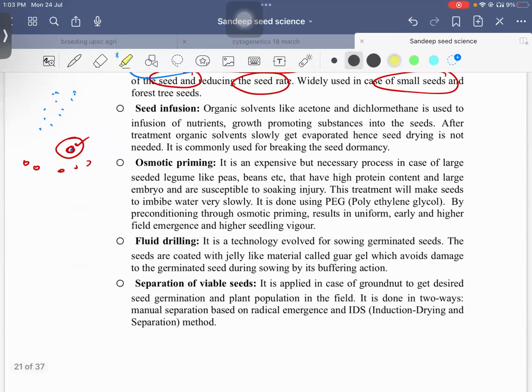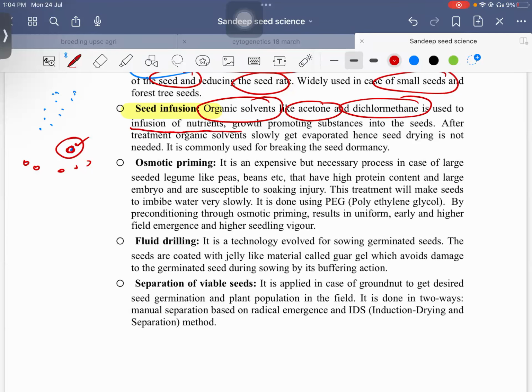Next is seed infusion. What we do here is infusing the seed. Organic solvents like acetone and dichloromethane are used for infusion of nutrient and growth protecting substances into the seeds. Here the organic solvent slowly gets evaporated, hence seed drying is not needed.